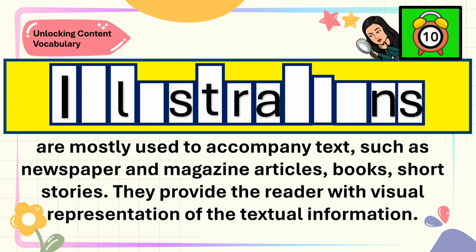Blank are mostly used to accompany text, such as newspaper and magazine articles, books, short stories. They provide the reader with visual representation of the textual information. What do you think is the answer?